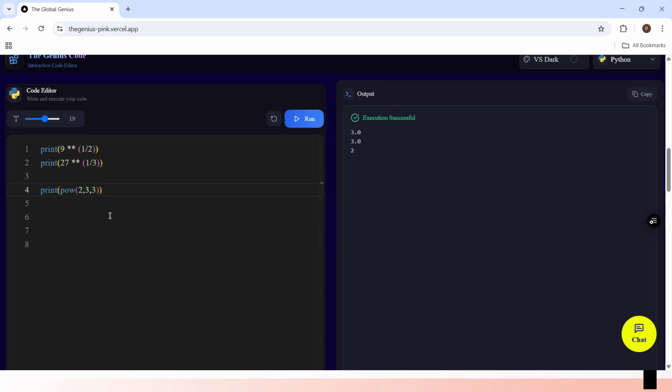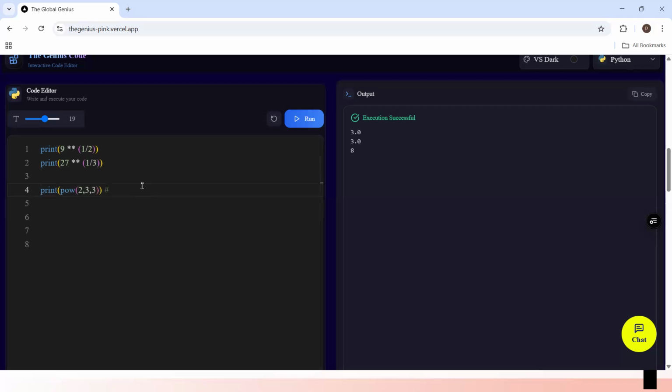All right. If you call this power function like this, it's just going to give you the exponential or the power of the base. The base here is 2 and the exponent is 3, so it will give us 2 raised to power 3. But if you provide another argument here, it's going to do 2 raised to power 3, which will give us 8, then 8 modulus 3. Let me put a comment here.